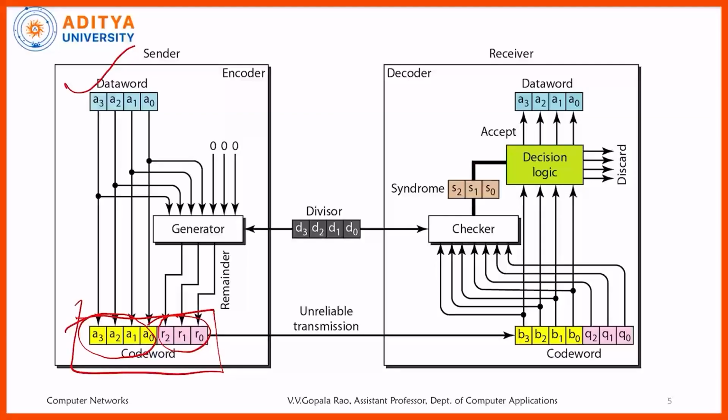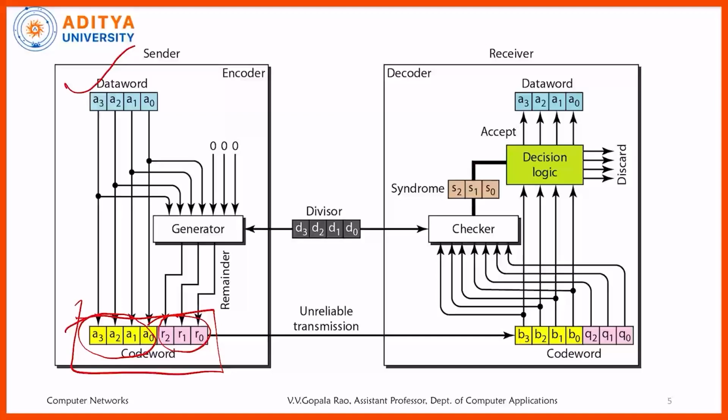So, this is the way the code word is actually generated in the encoder at the sender side. This particular R0, R1, R2 are nothing but the remainder values. We will see in the process how the remainder can be obtained and what we call the remainder. Those things you will be able to identify in the example or in the next step.